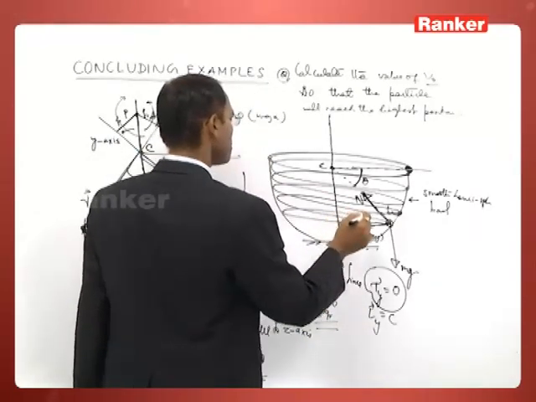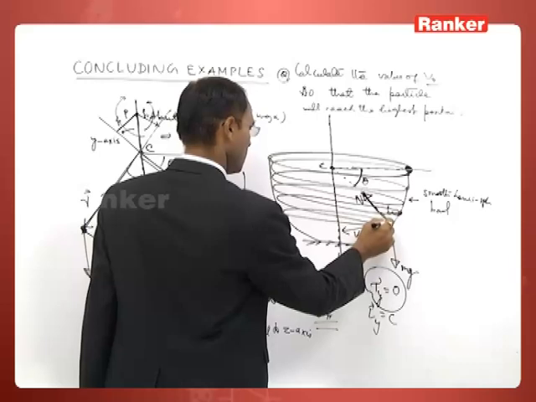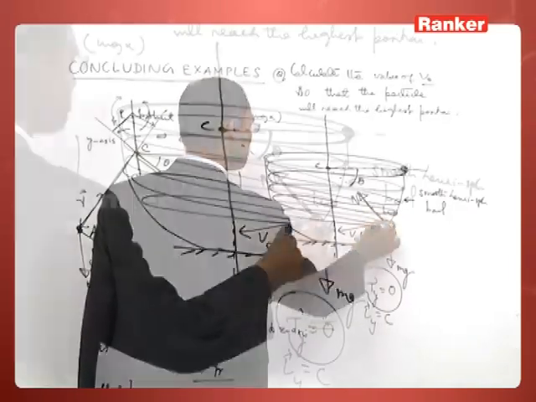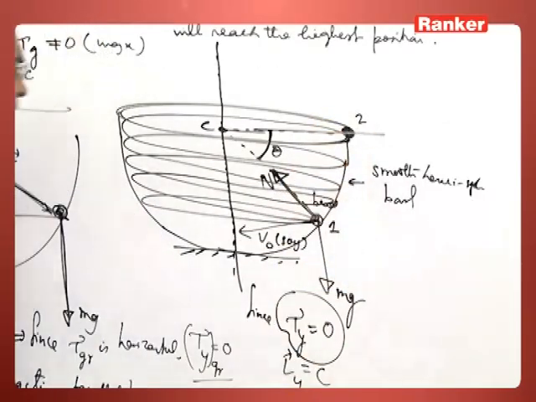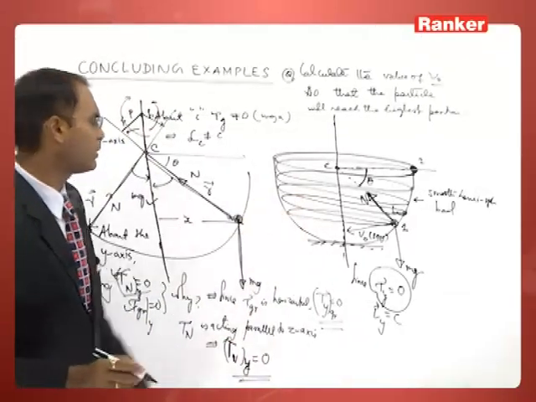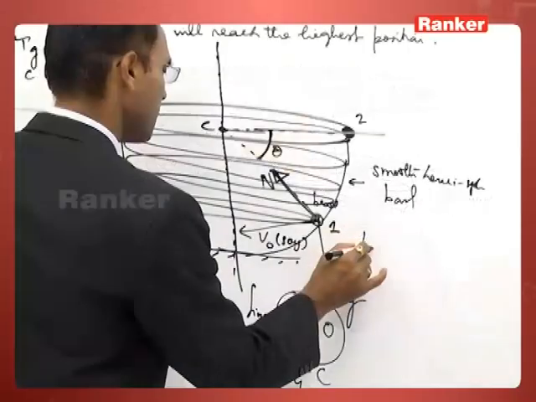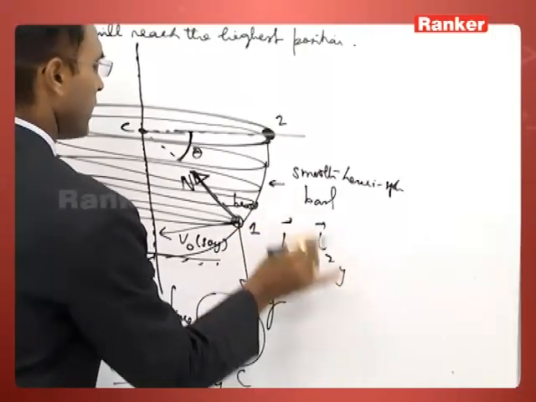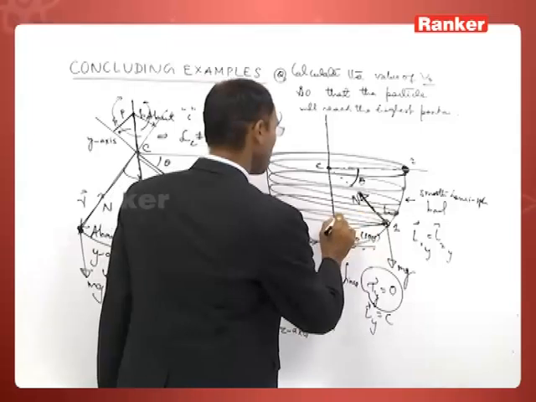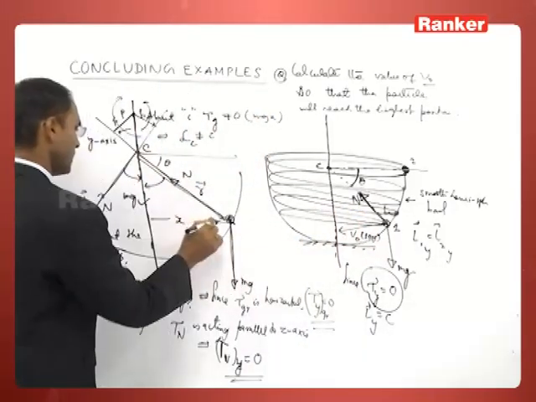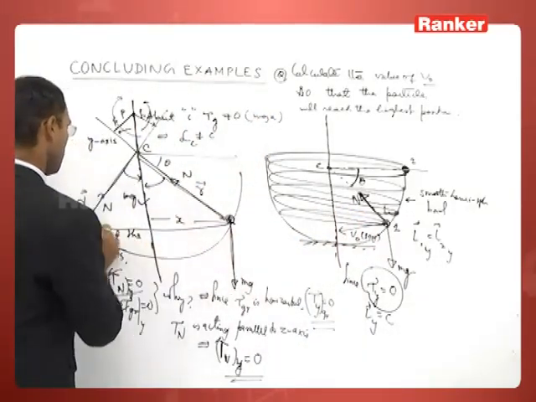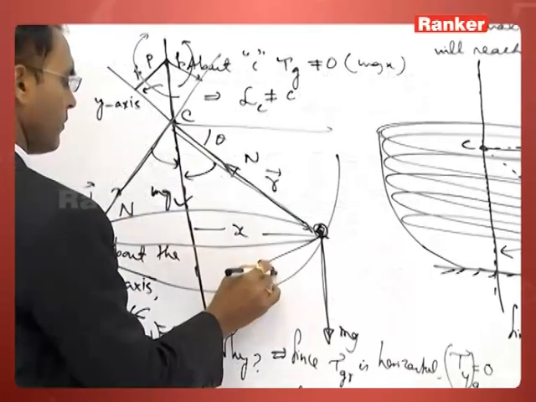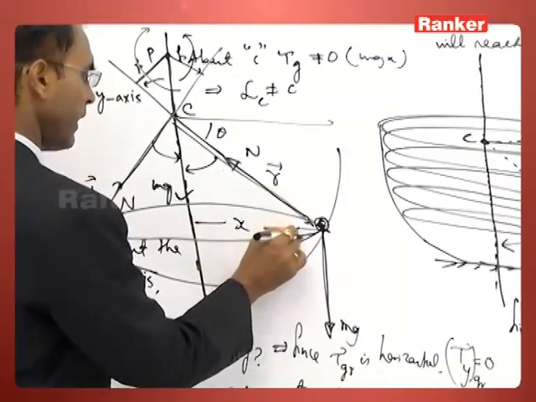Now, we have to equate the angular momentum at this point and the angular momentum at this point. At these 2 points, point 1 and point 2, the angular momenta are equal along the y direction. At this point, the angular momentum will be m v naught into x.